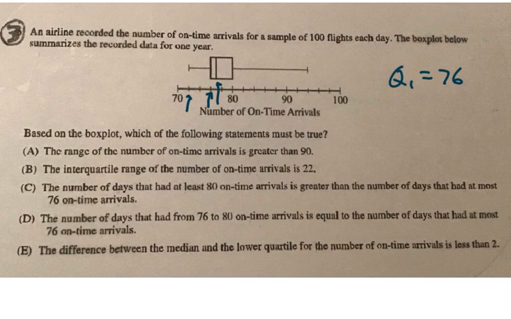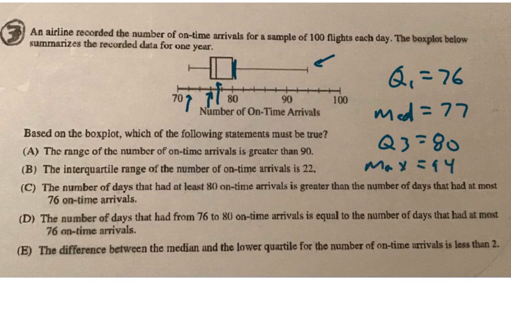Notice the median is approximately, it looks like it may be in the middle, at 77. Notice the right edge here is at 80, so Q3 is 80. Notice the highest value is 94. That is our max, as we say, 94. And our minimum is at 72.